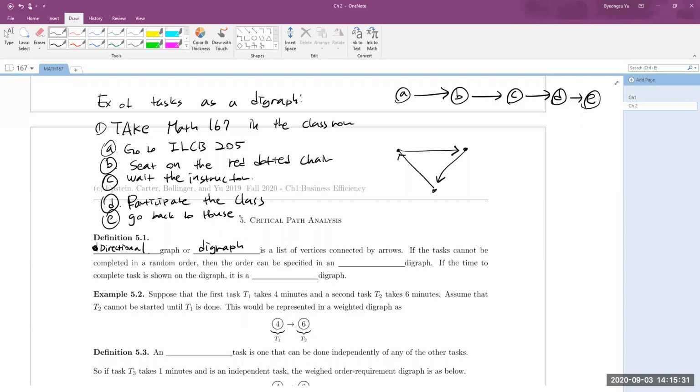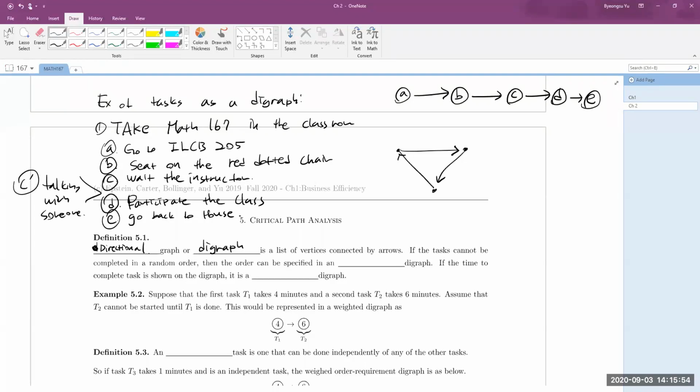So in that case, maybe you can add some kind of job like talking with someone, or when you are seated on the chair, you can also sit in the chair while talking to your friend, right?